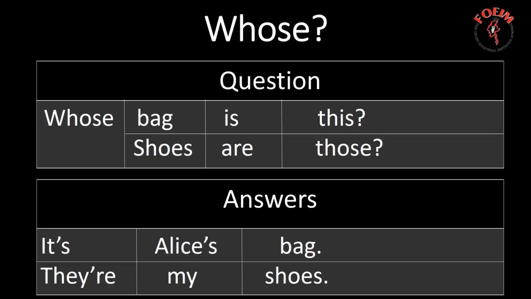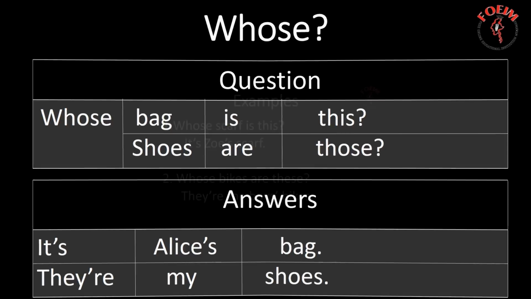Whose shoes are those? You are asking who owns the bag or the shoes, or who the bag or the shoes belong to. The answers are it is Alice's bag and they are my shoes.